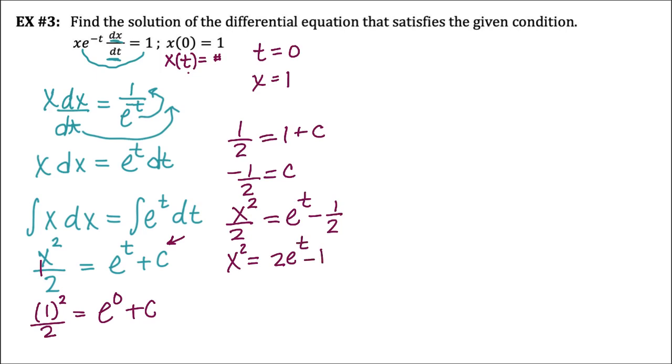And then we take the square root of both sides. Now we have to determine, is it positive or negative? And keep in mind, this is a solution curve going through that given point, so it has to be positive. So it's going to be positive square root of 2 e to the t minus 1. So there's going to be your solution.